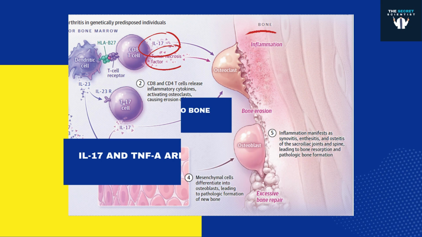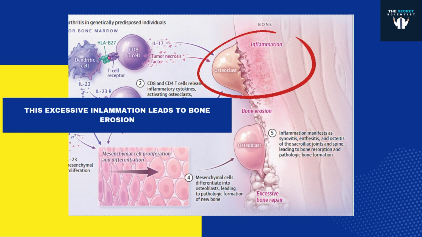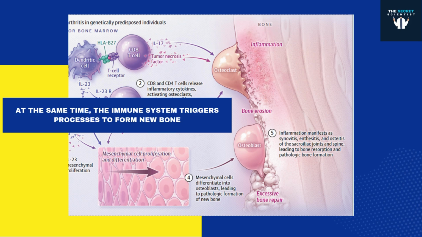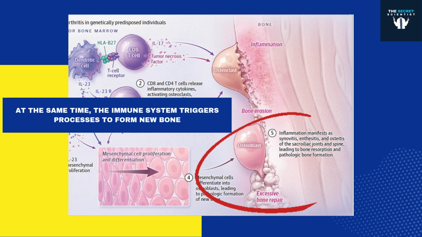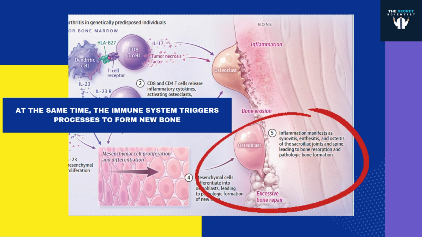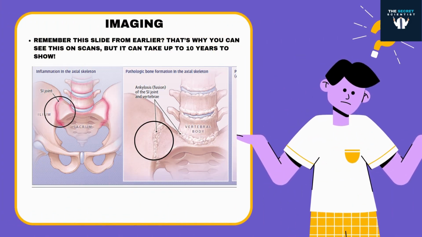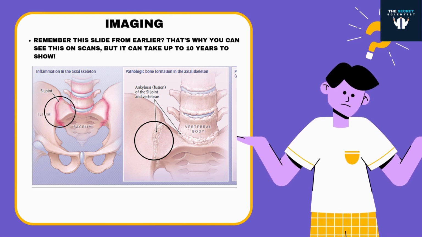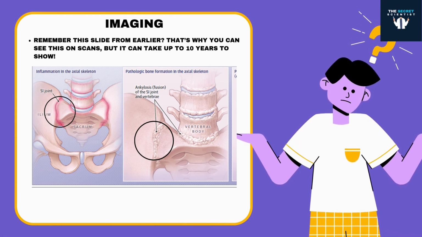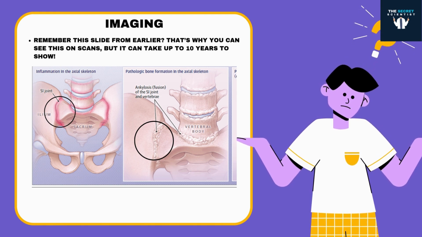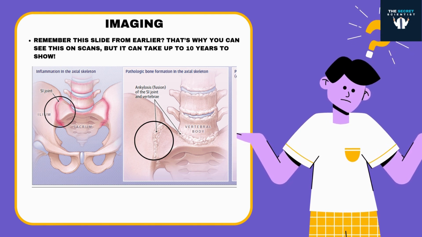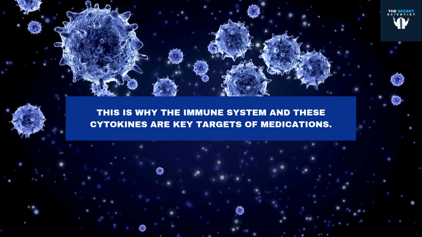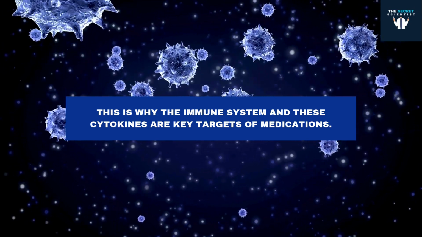And this excessive inflammation leads to bone erosion, where the body breaks down bone tissue, causing damage and pain. At the same time, the inflammation also triggers processes that lead to abnormal bone formation, and this results in bone spurs and fusions, which reduce mobility and cause stiffness in the joints. This combination of bone destruction and abnormal repair is the hallmark of AxSpA, which makes these T cells and their cytokines key targets for treatments like your medications.